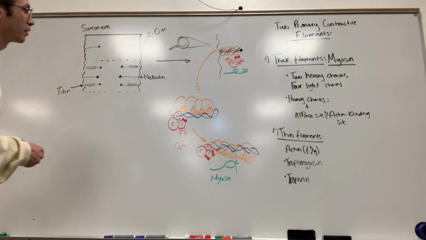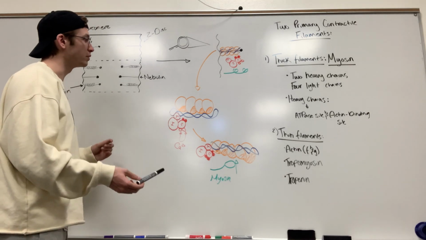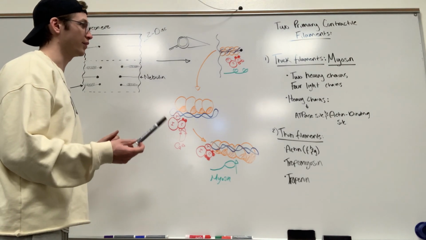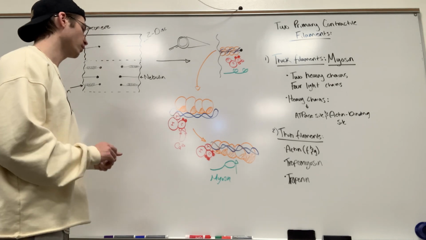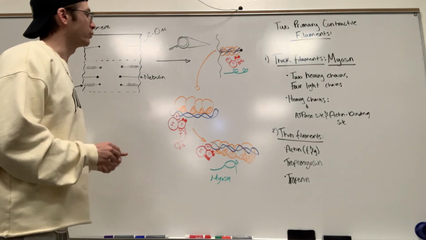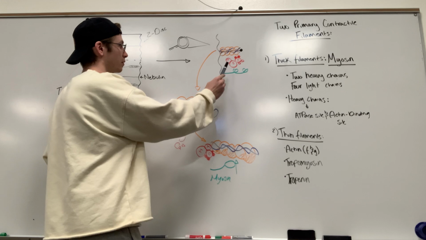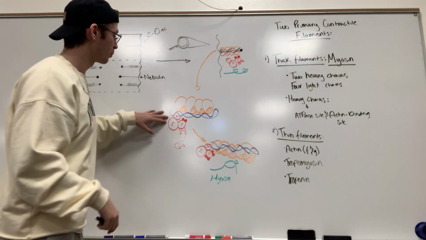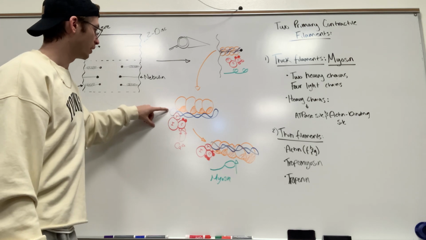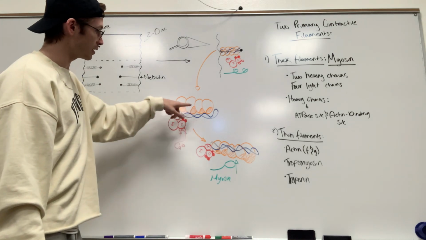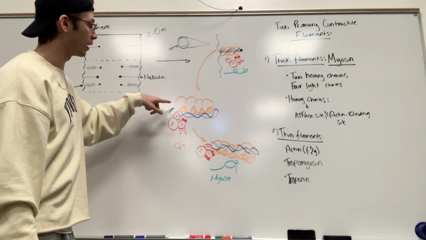So a quick example of what's going to happen to allow myosin, that thick filament, to attach to actin. So right here, we'll start right here. We have our troponin T, which is attached to tropomyosin. The tropomyosin is currently covering these active sites for myosin.